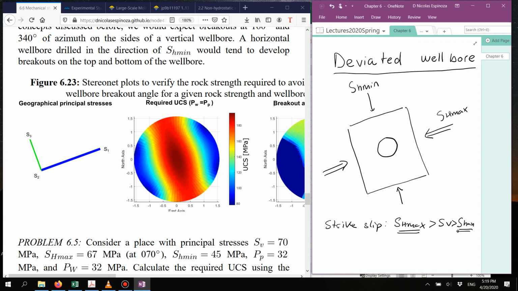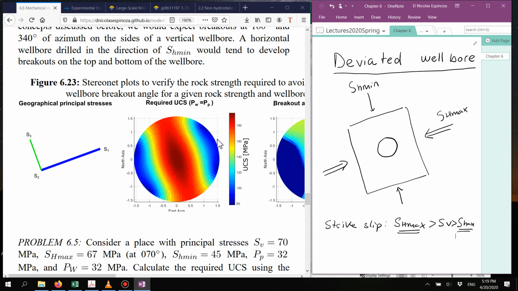In this particular example, we also see that a horizontal wellbore drilled in direction of SH max will be a wellbore somewhere over here or over there, is the wellbore that requires the lowest strength in the rock, in this case about 80 MPa. And that's because that particular wellbore, in this case horizontal, going in the direction of SH max, has the lowest difference between stresses.